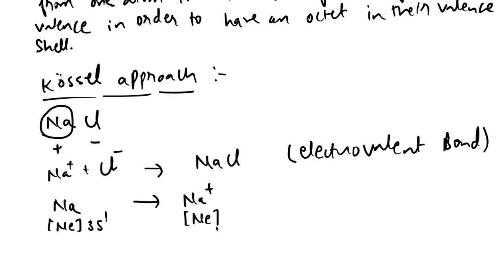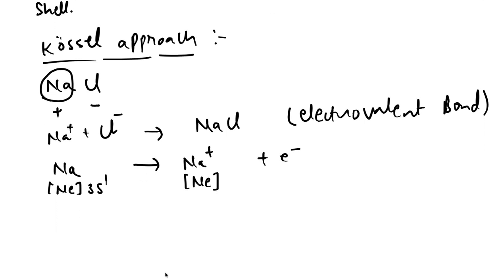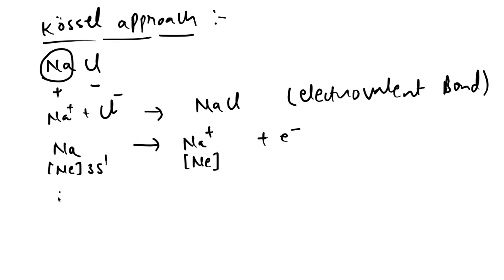Now it doesn't have that electron, so its configuration is just neon, since it is losing one electron, right? In case of chlorine, its configuration is neon, 3s2 and 3p5. It has 17 electrons. So what it is going to do is gain one electron to form an anion.